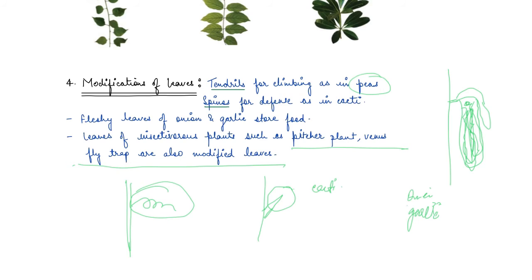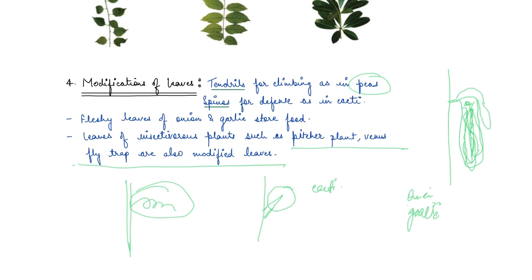Then there can be different types of venation, different types of veins and veinlets present, which are reticulate and parallel. Then we saw the types of leaves, simple and compound, and in compound we have pinnately and palmately compound leaves. Then we saw the arrangement of leaves, phyllotaxy, which can be alternate, opposite or whorled.